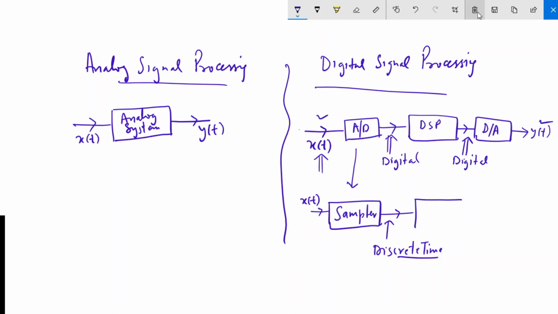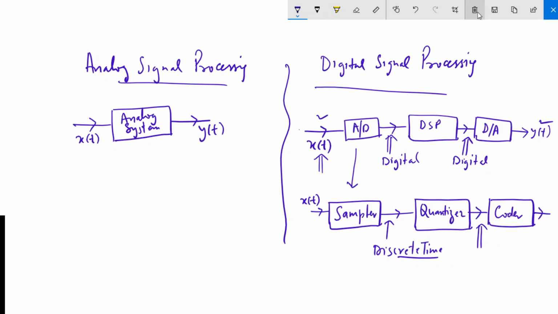And once you have discretized the time, next we discretize the amplitude using a quantizer, or quantization. The output of this is a signal which is discrete in time and discrete in amplitude, and then you can convert this signal finally into a binary format using a coder.